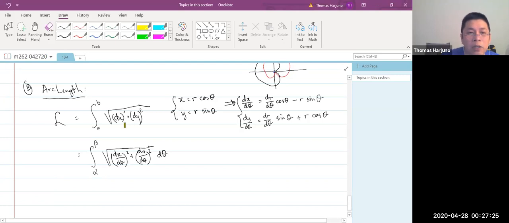My main focus is I need to generate this, at least the radicand. So what is dx d theta squared?